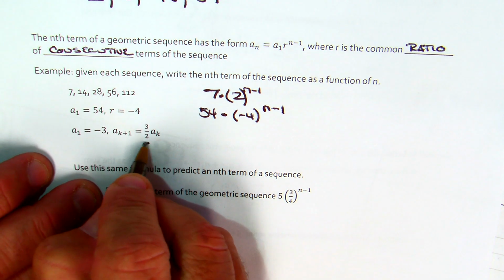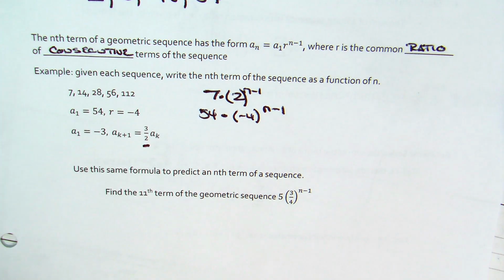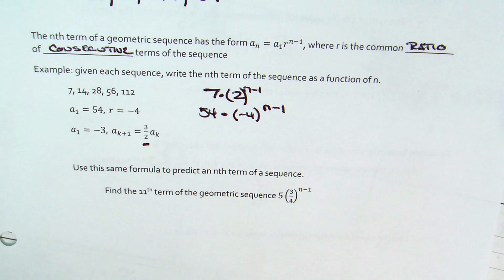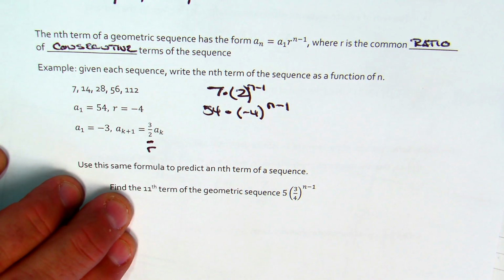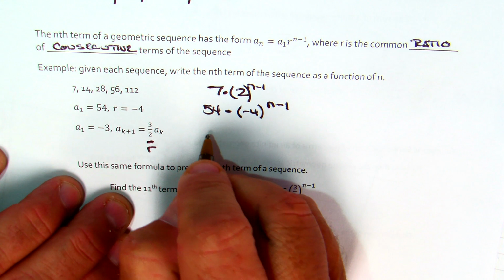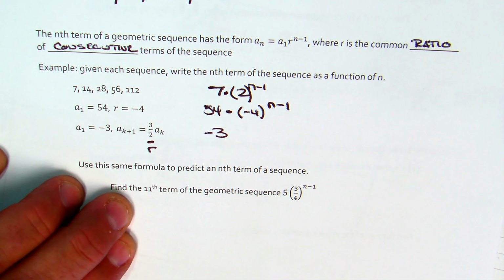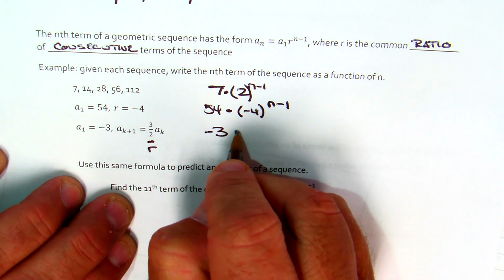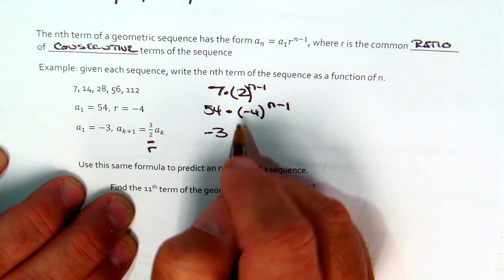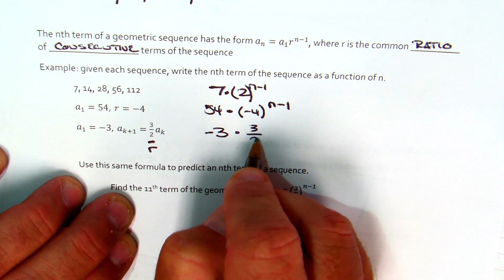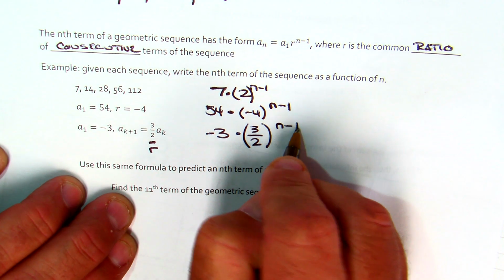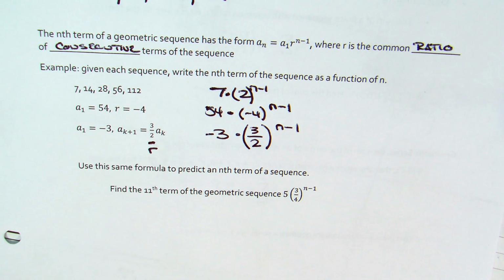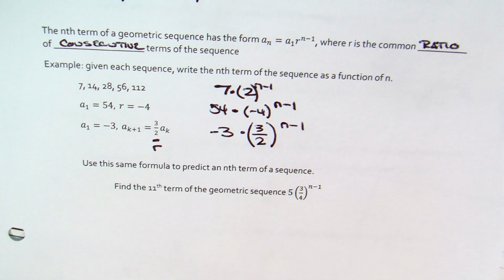When this occurs, when it's geometric, the multiplier will be in front of a_k. That's your R. Once again, are they giving me a_1? Absolutely, -3. Times whatever the number is in front of your a_k, 3/2. And then again, you have what? N minus 1.